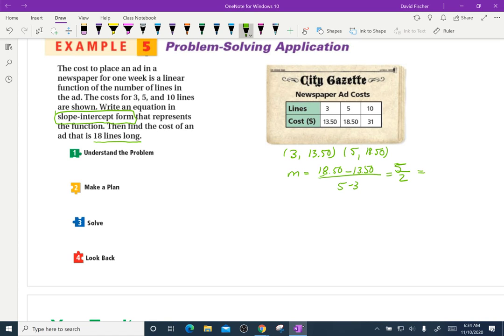So let's get it down to a unit rate because this is a word problem. So what does that really mean? Every line costs $2.50 is what that really means. Okay, so make sure you have your decimal there.